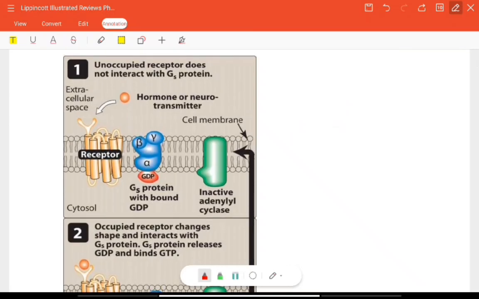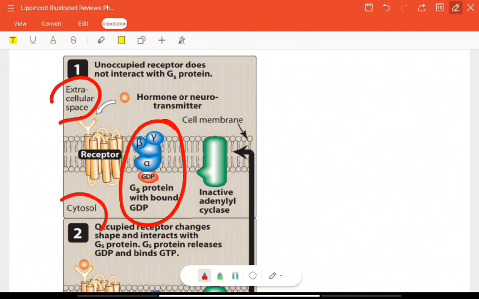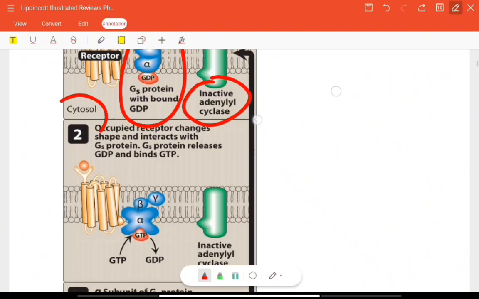The first one: this is the extracellular space, this is the cytosol, and these are G coupled proteins bound with GDP. A hormone or neurotransmitter, a chemical ligand, arrives here and the receptor receives it. This is the cell membrane, and this is inactive adenyl cyclase. Once the receptor is occupied, GTP converts into GDP.